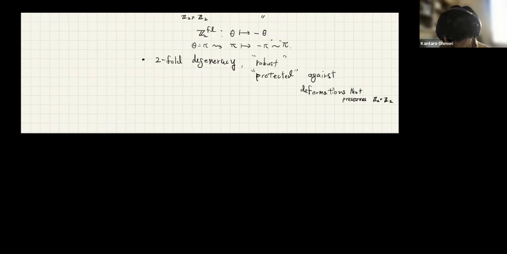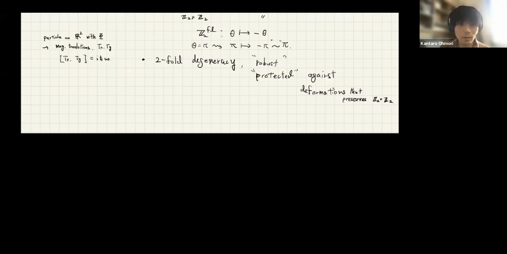So the particle on R2 with flux has magnetic translations, like Tx and Ty, but these translations do not commute.